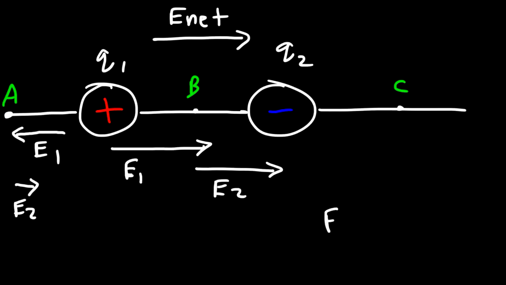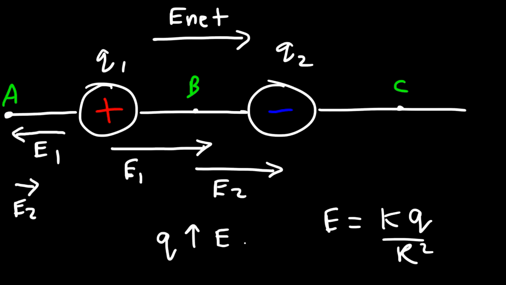So here's the formula for the electric field created by a charge. It's kQ over r squared. As you increase the magnitude of the charge, the electric field increases. As you increase the distance, the electric field decreases.